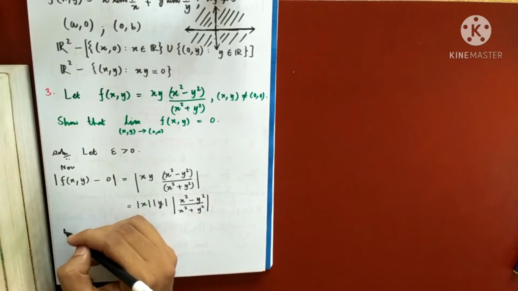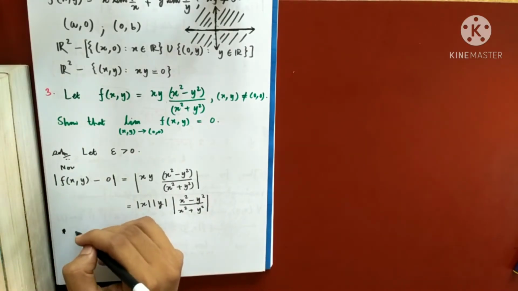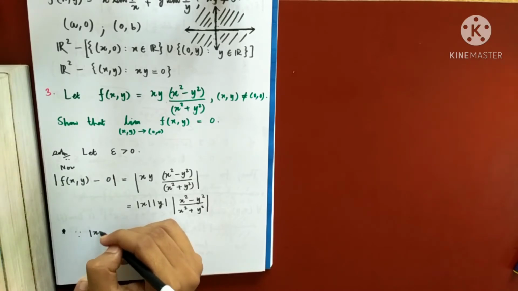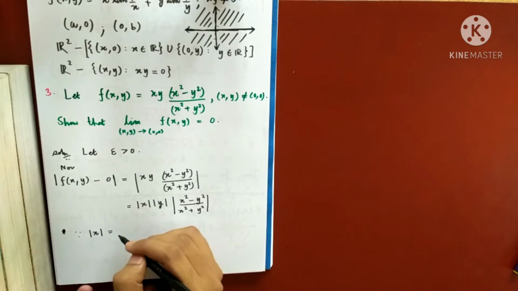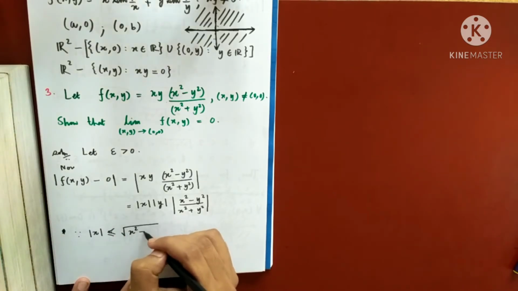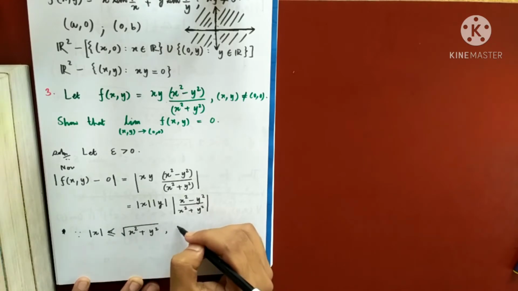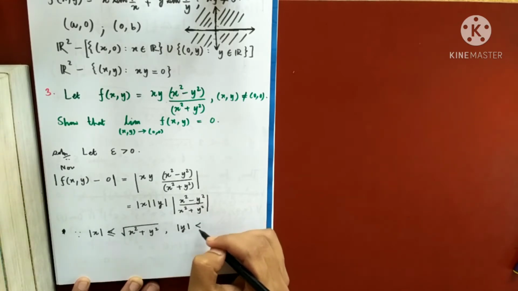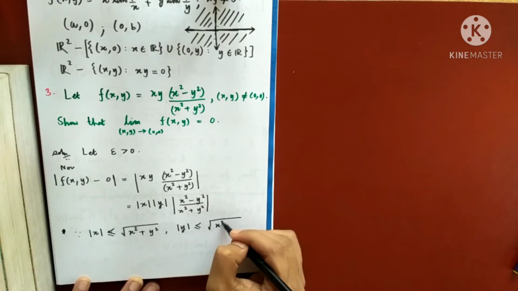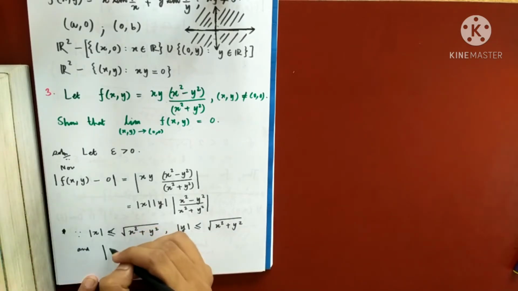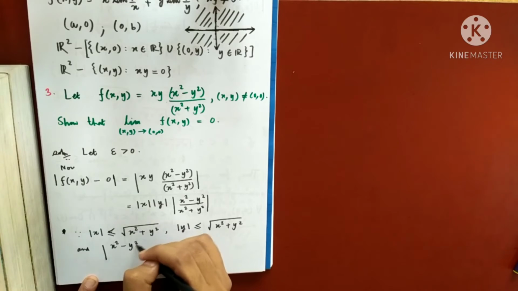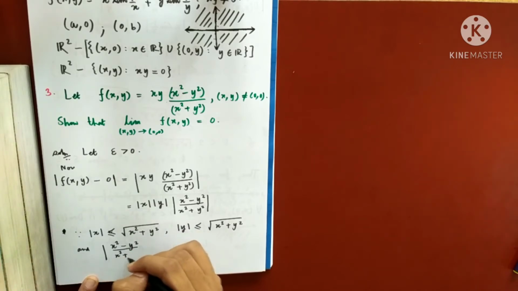Now, as already said, we'll be using this result again and again: mod x is less than or equal to root of x² + y², mod y is less than or equal to root of x² + y², and modulus of (x² − y²)/(x² + y²).